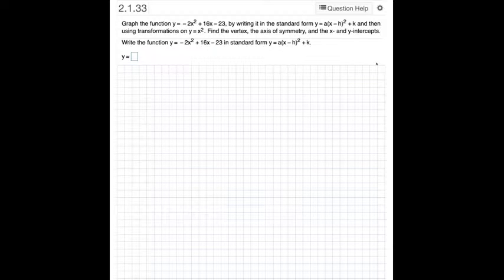So we're going to have y equals negative 2x squared plus 16x minus 23. So now we want to do completing the square. The first goal of completing the square is that the leading coefficient needs to be a 1.